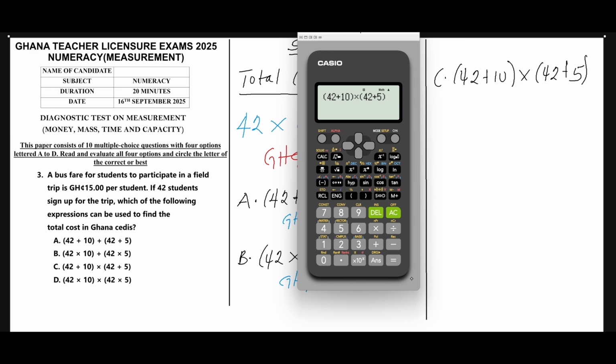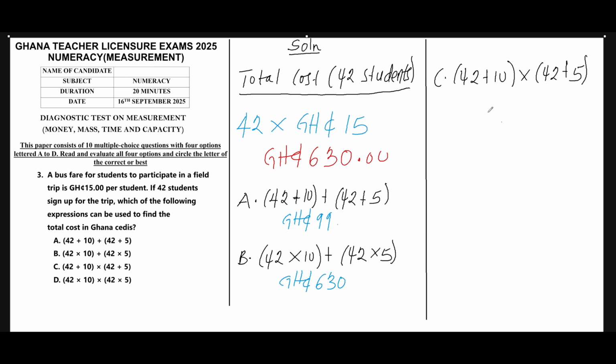So we have 42 plus 10 multiplying 42 plus 5. Let's see the result. 2,444 cedis. The last one, option D.